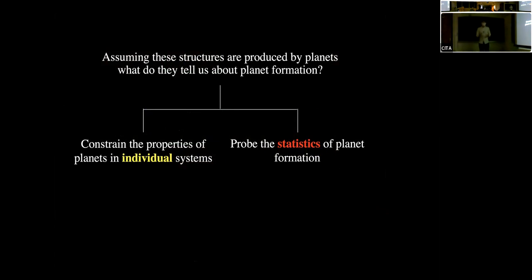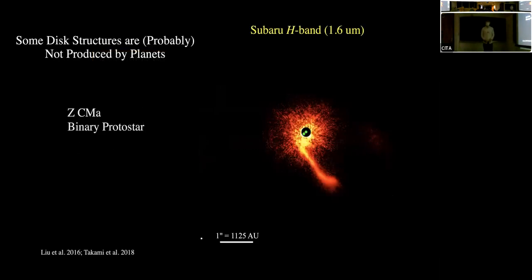All right. We have seen structures, they may be explained by planets, and if so, they can help us do wonderful things, constrain the mass of the planet, so on and so forth. All is good, except everything builds on a big assumption. Are structures really produced by planets? As you can imagine, we think, of course, not all structures are produced by planets.